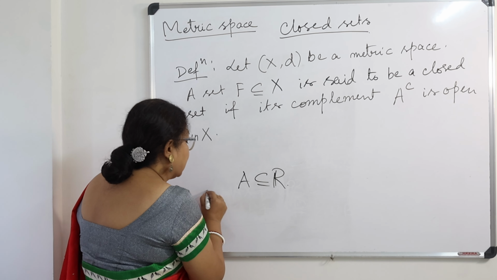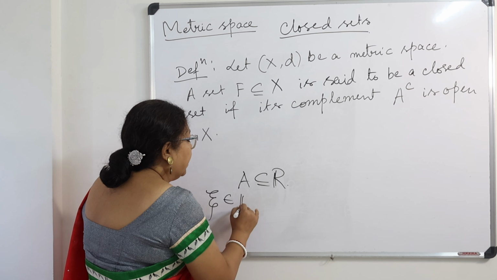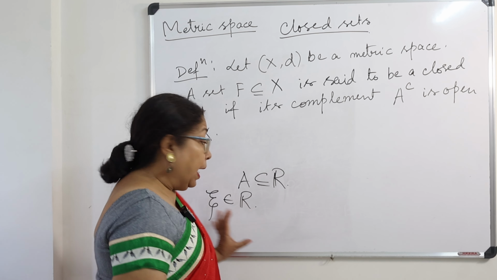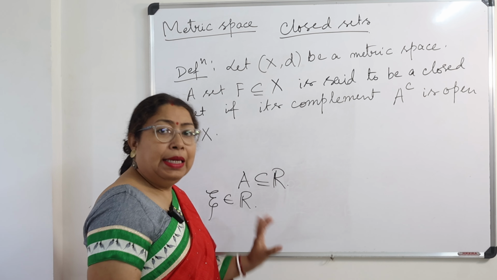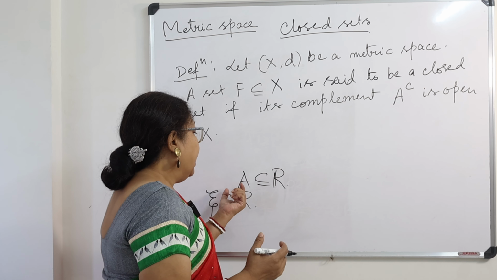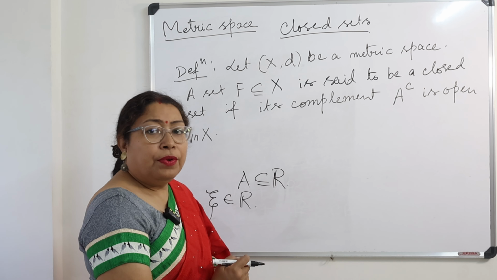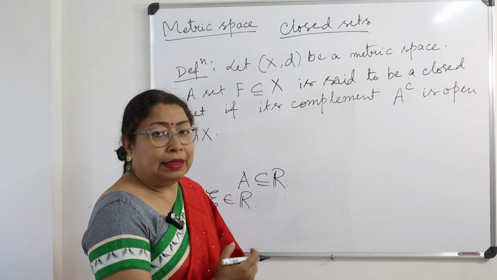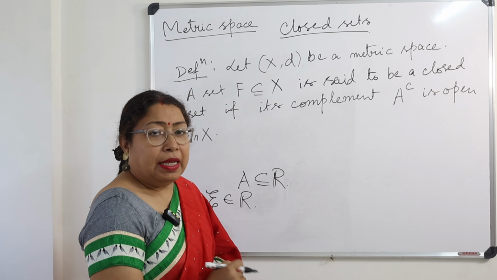A point ξ in R is said to be a limit point if every neighborhood of ξ contains a point of A other than ξ. You know that.